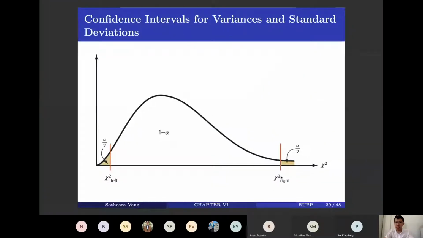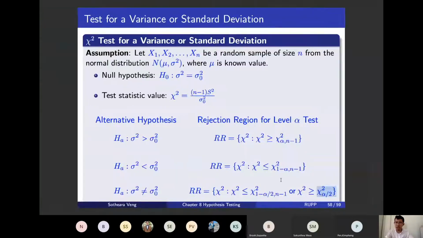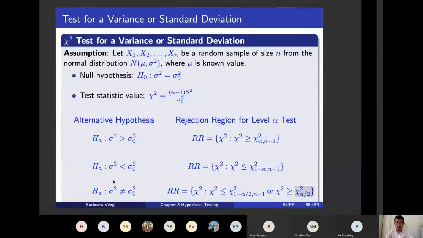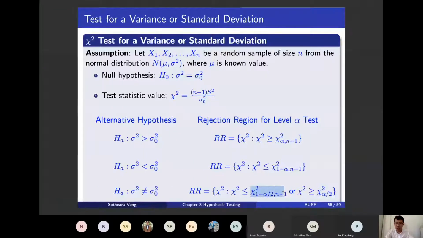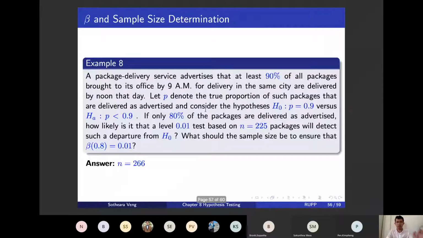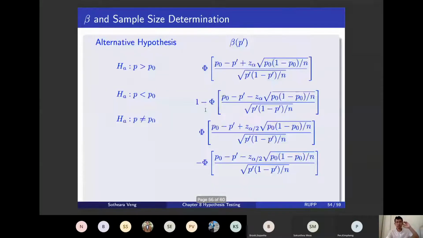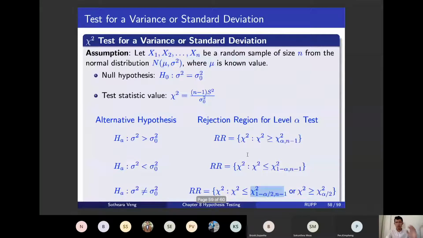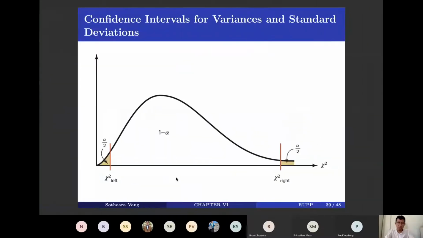And the chi-square left is this one, because the area to the right must be 1 minus alpha over 2.